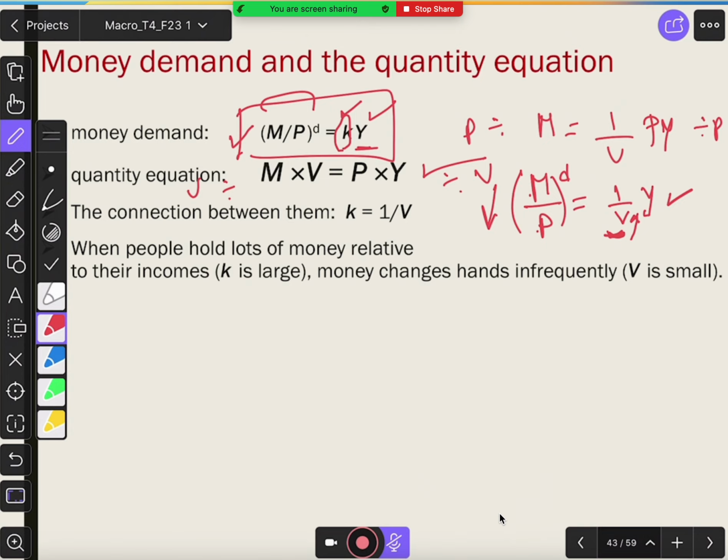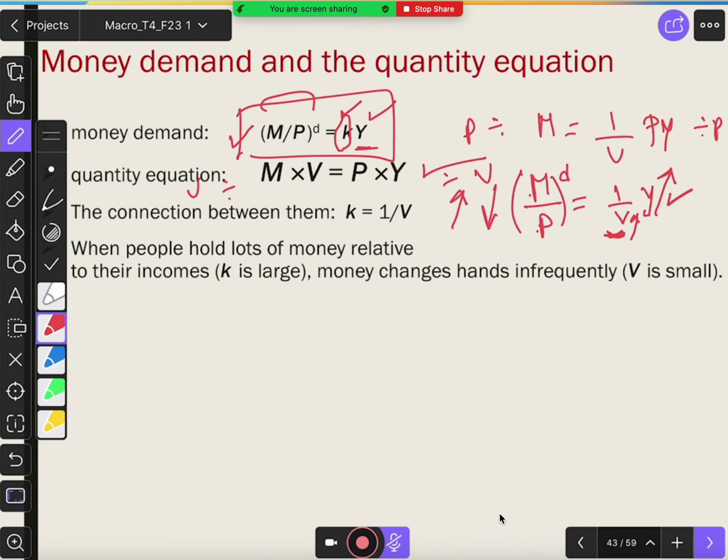It makes sense, because if this piece of paper circulates fast in the economy, then I don't need that much money, because the piece of paper is coming back fast. So the higher the velocity of money, the lower the real demand for money. And the opposite is true. And it depends on your income. The higher the income, the more I will demand goods and services, and the higher is the real demand for money. Okay?